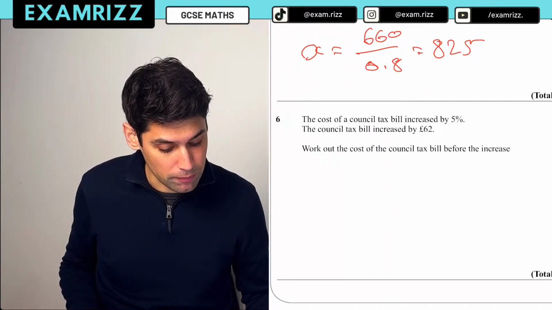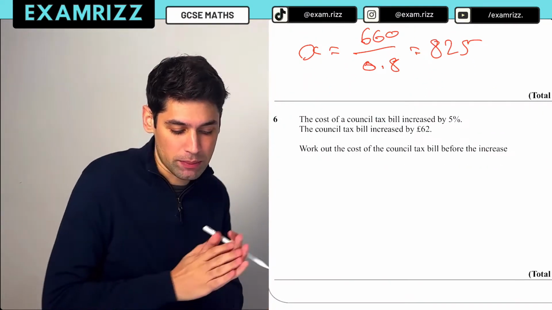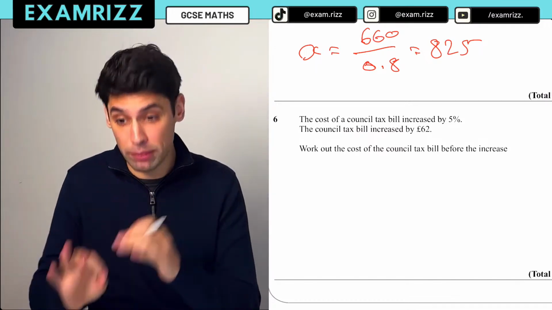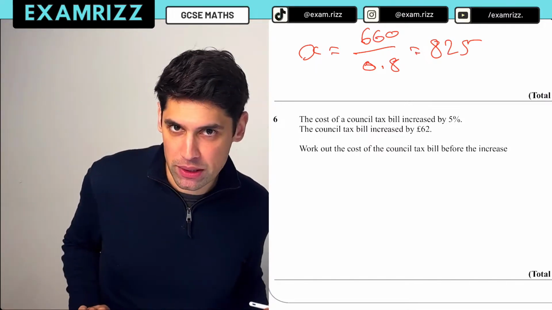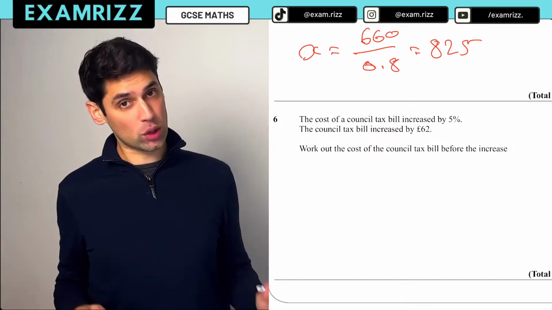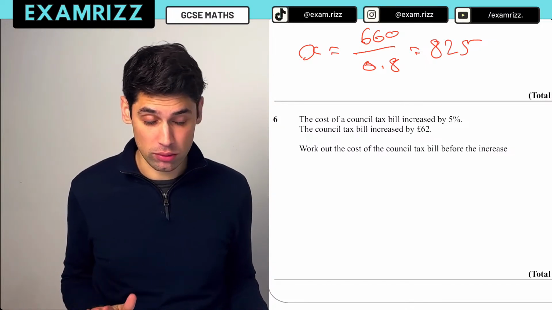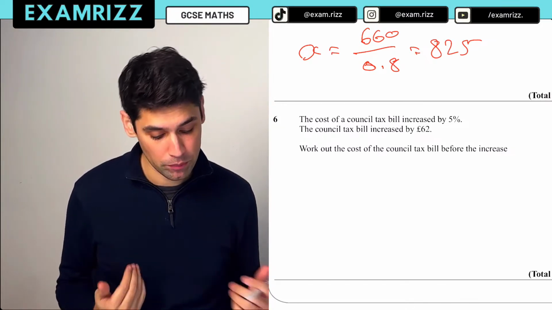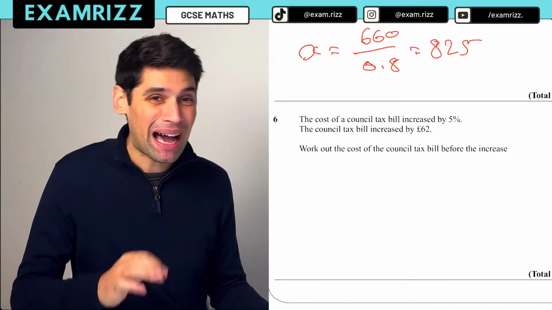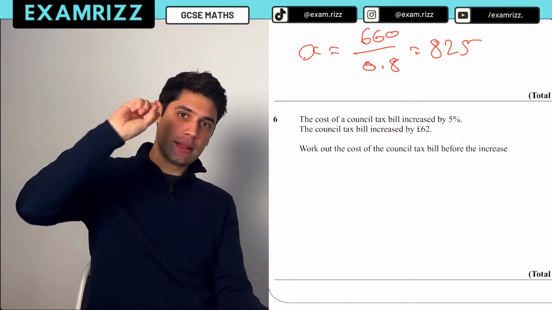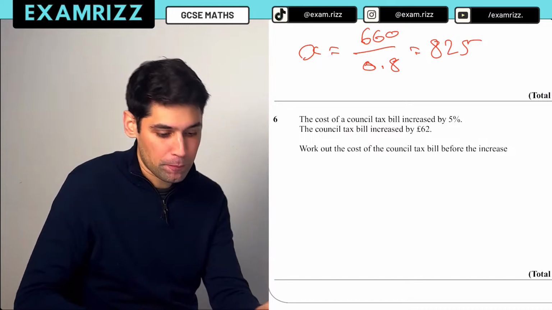Now let's have a look at this one. The cost of a council tax bill increased by 5%. Council tax bill increased by £62. Now, okay, this wording is familiar again, right?